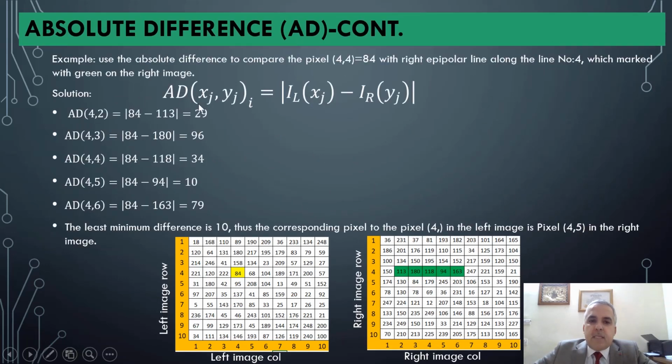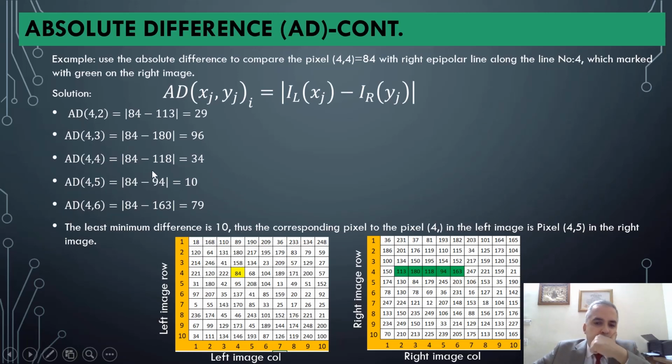We have an example, as you can see here. We have this pixel in row 4, column 5, with value 84, and we will try to find the corresponding point along this line. We will find the absolute difference between this point 84 and each of these points. The minimum one will represent the corresponding point.